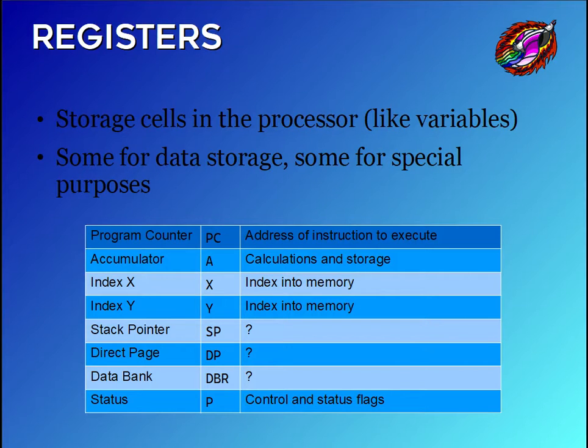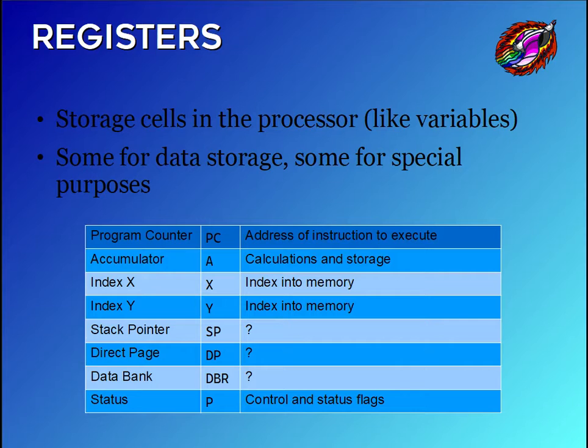Then we have three registers I'm going to skip over here: the stack pointer, the direct page, and data bank registers. In general, these are pointers into special areas of memory. They do special things that we're not going to get into in this tutorial, but we will be getting into those soon.